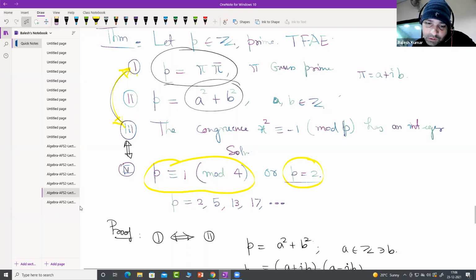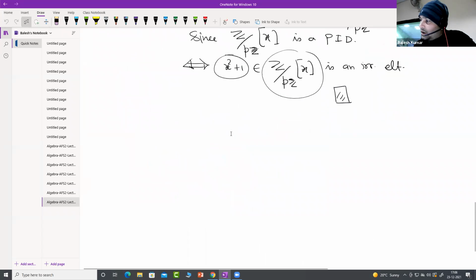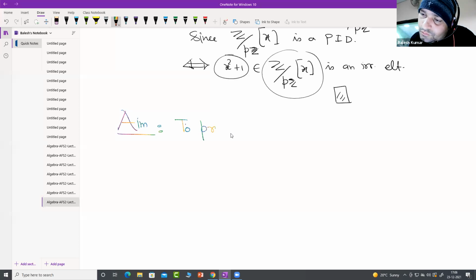Okay, so let us try to move on. Our aim is to prove this 3 if and only if 4. What does 3 say?